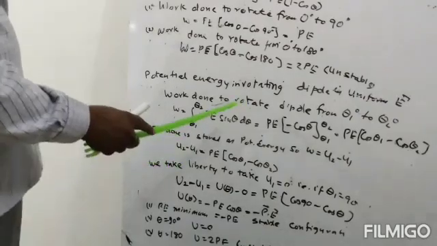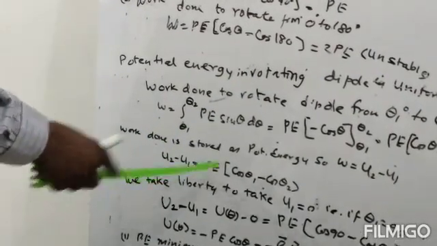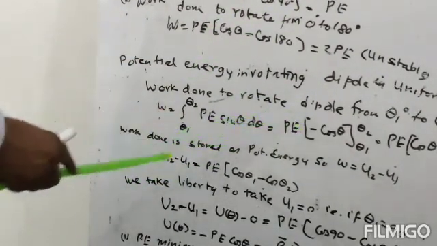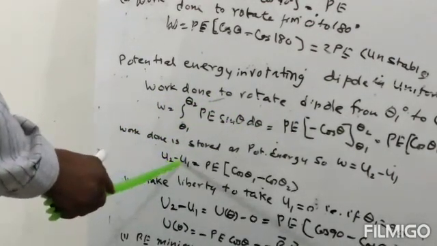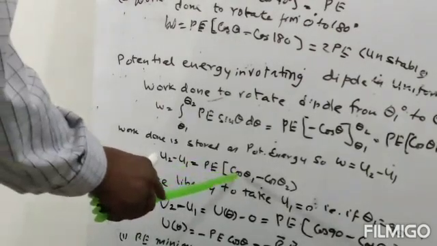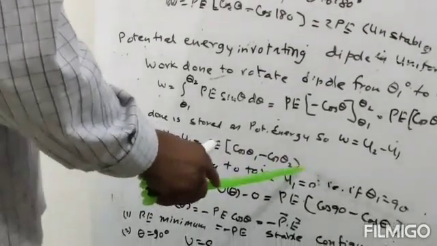So the initial potential energy is U1 and the final potential energy is U2. So this work done will be equal to U2 minus U1, which is equal to P E (cos theta 1 minus cos theta 2).